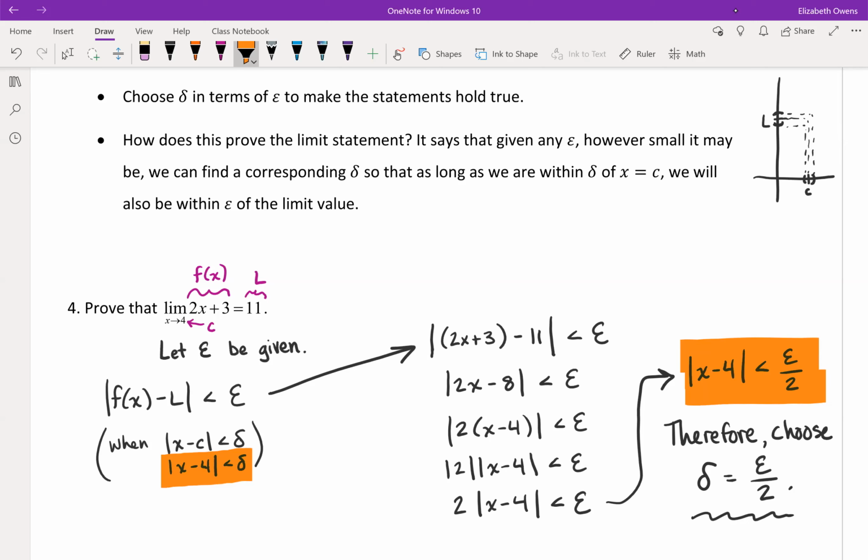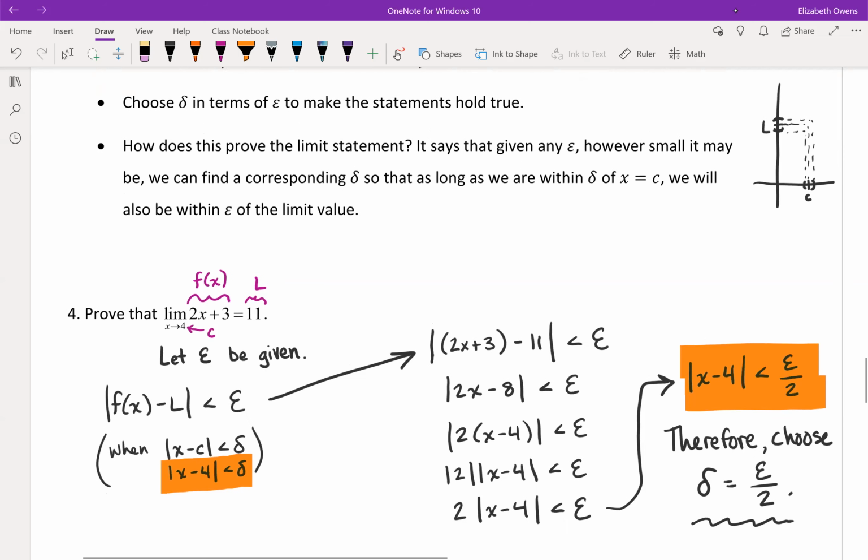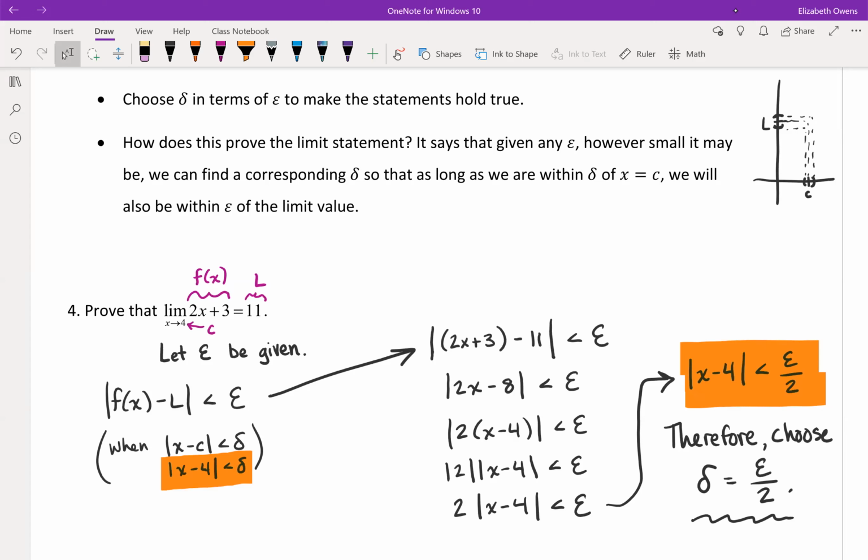So in practical terms, what this is saying is if someone gave us an epsilon, like in one of our previous problems, let's say they gave us an epsilon value of 0.02, a pretty small epsilon there.